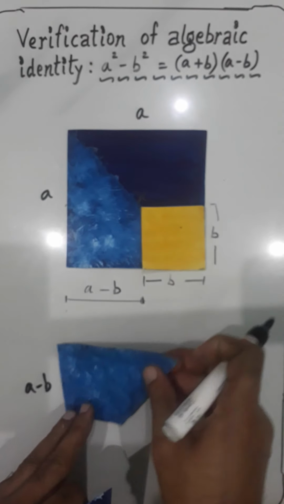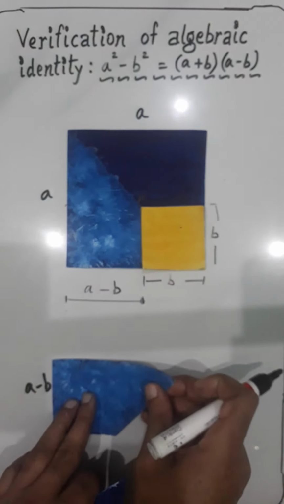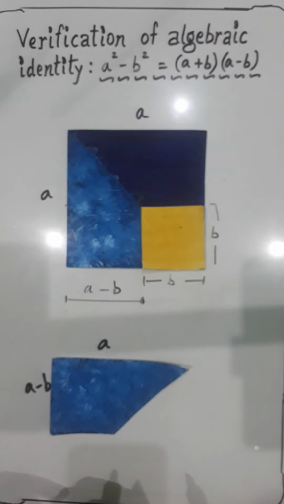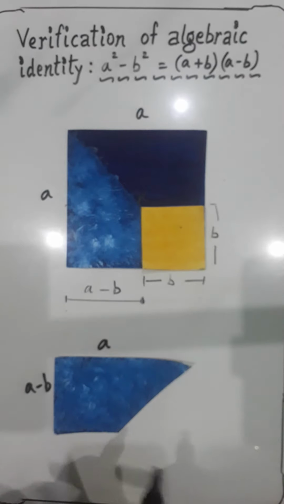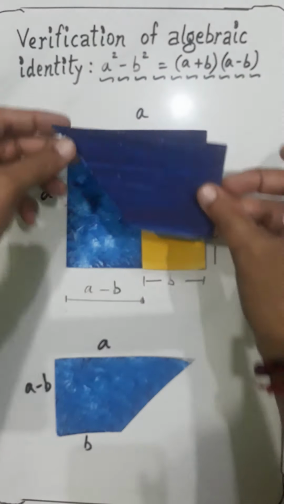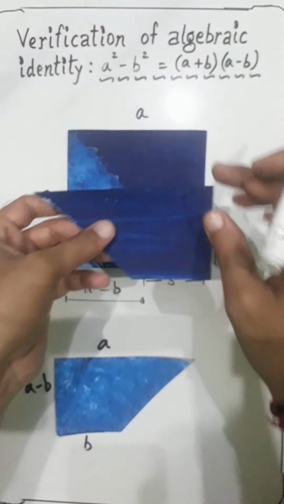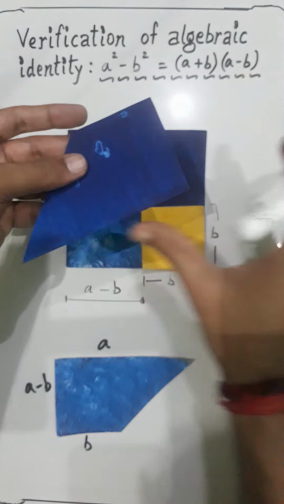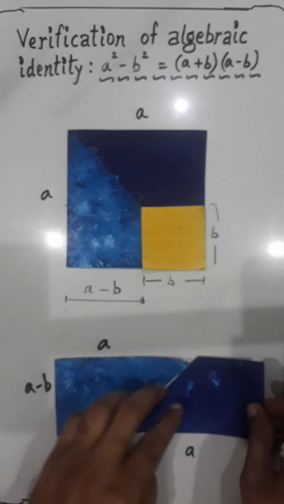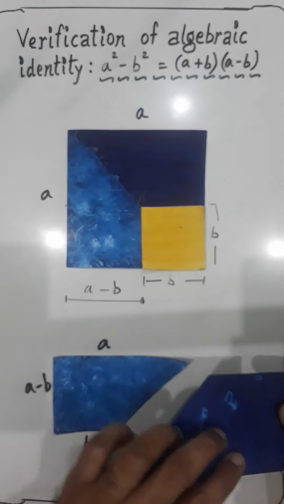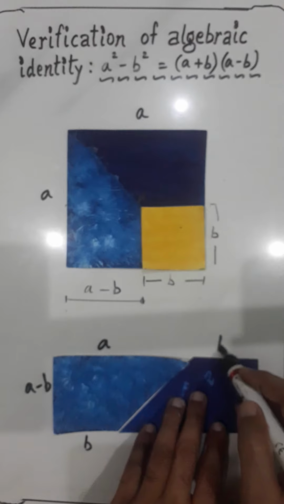And when this was a, it means that from here till here is a, and if this line is equal to b, it means that this portion is equal to b. After this, let us see about this one. Now what you observe, this side is a, it means that this side also will be a, so here it is a. And if you talk about this one, if this is b, then this also will be b.